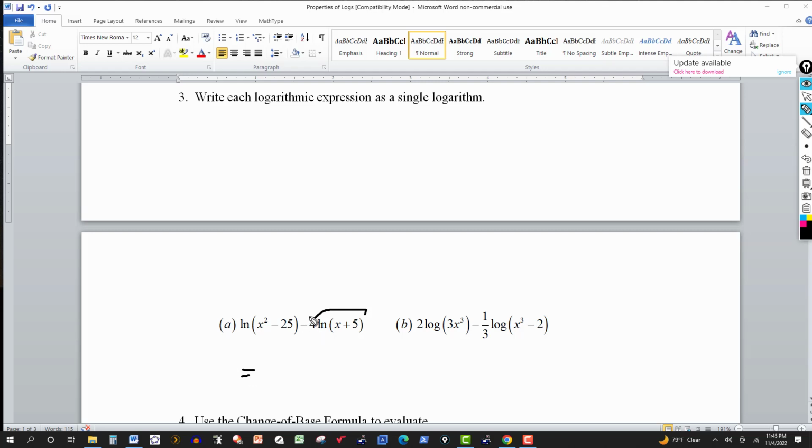First you go backwards here, so make this into an exponent, you make it over here, and then it has a minus here, so you just reverse it. You have the difference of logs, that you can write as a log of a fraction, so this becomes then the log of x squared minus 25 over x plus 5.